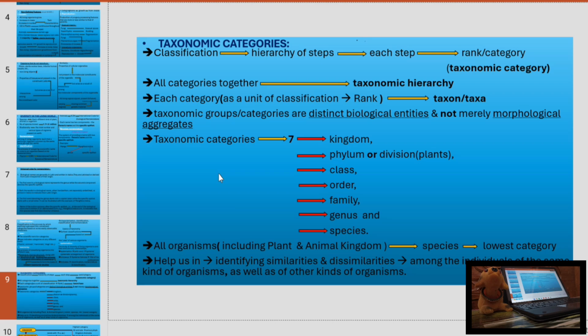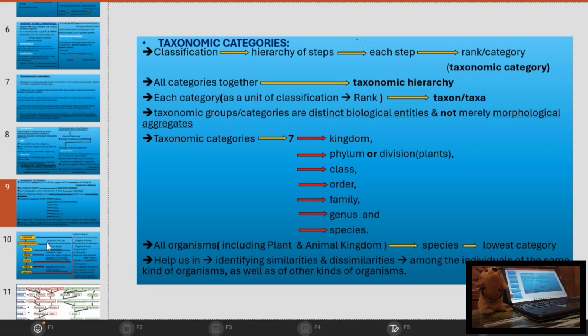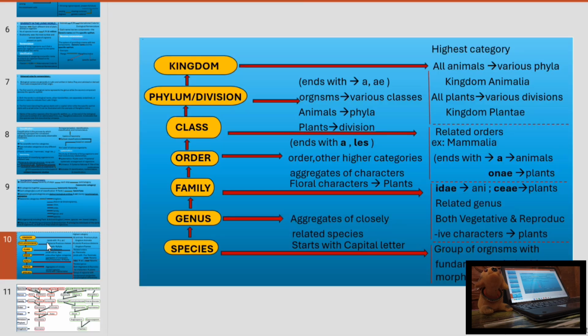This taxonomic category helps in identifying the similarities and dissimilarities among the individuals of the same kind of organisms as well as other kinds of organisms, and differentiate them and group them into orders, etc. And next is a clear view of what is what about taxonomic categories, starting from the species, genus, family, order, class, phylum or division, and kingdom.